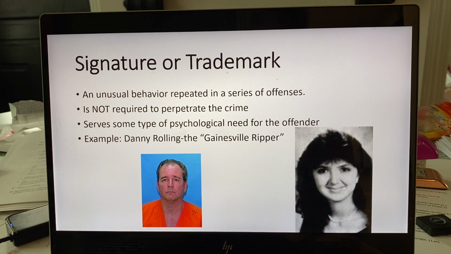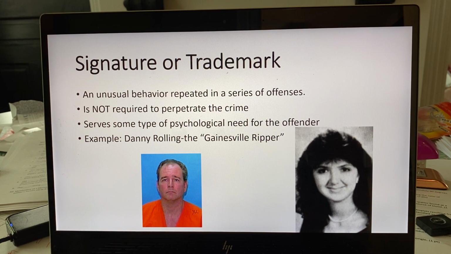So we're going to contrast that with what we refer to as the signature behavior or trademark behavior. This is what you think of as the creepy, psychological, kind of calling card. Here's how it differs from MO. First of all, the signature or trademark does not change.